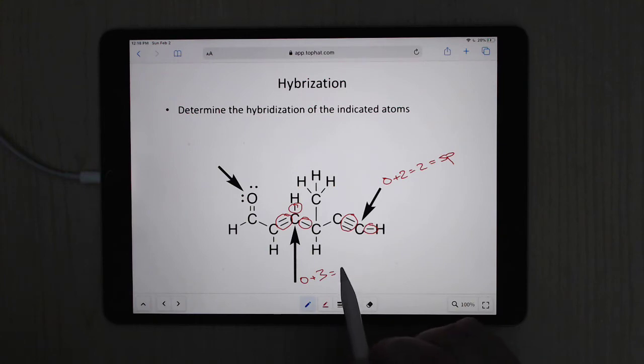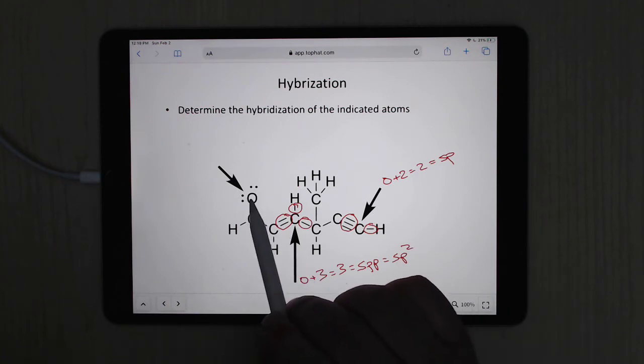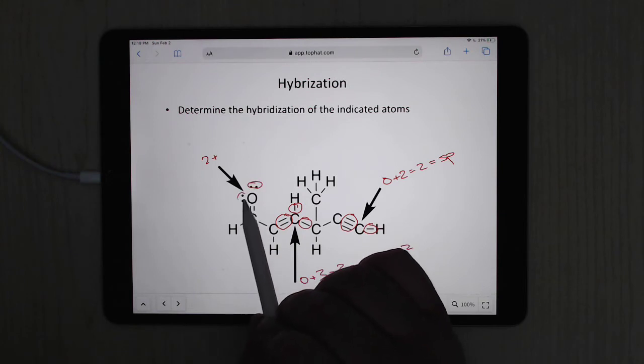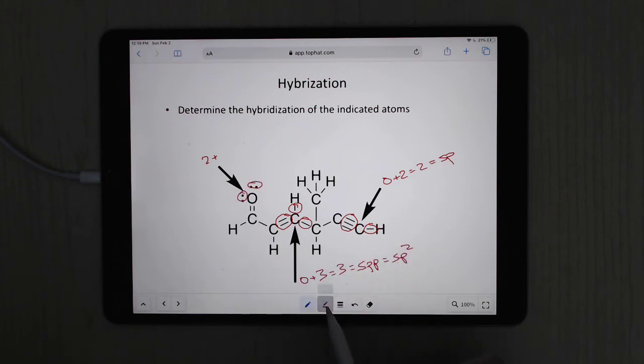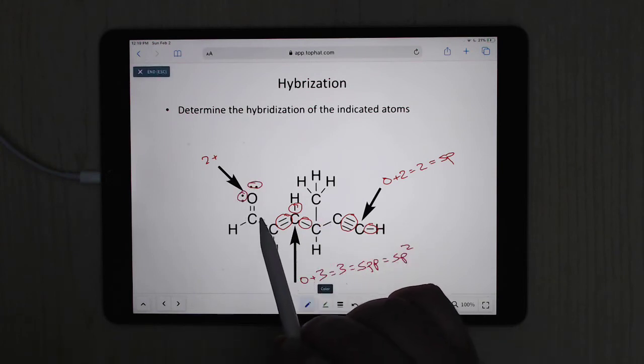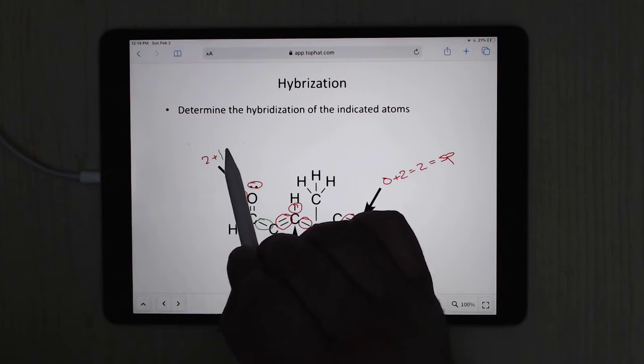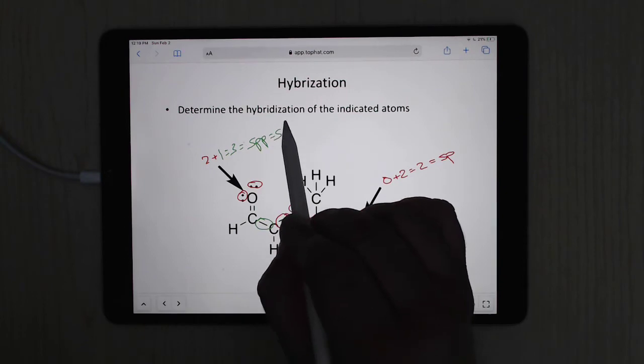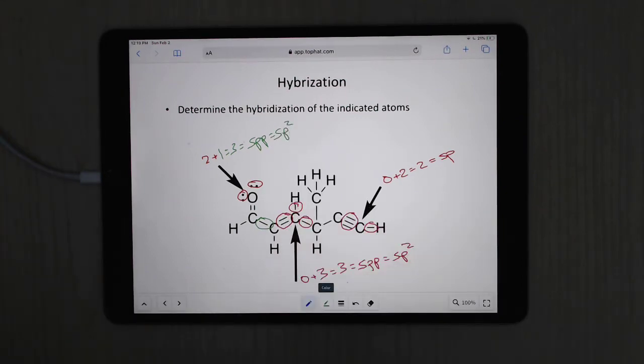So we need 3 letters, so SPP or sp2. And then for this oxygen, we have 2 lone pairs, here and here, but then we also have this bond set there, so 1, so we need 3 letters, so SPP or sp2. So there you go.